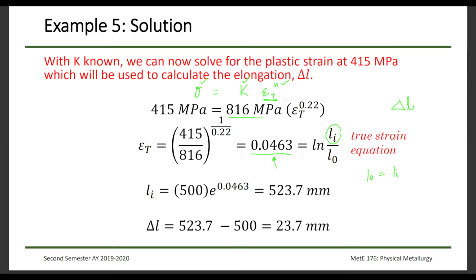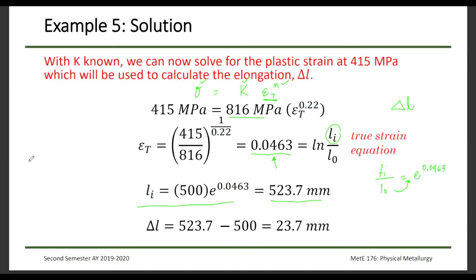Let's backtrack. Magiging Li over L naught is equal to e raised to the power of 0.0463. Okay? So if we rearrange, lipat natin yung L naught dun sa kabilang side, we end up with this one. Okay? So this gives us an Li of 523.7.